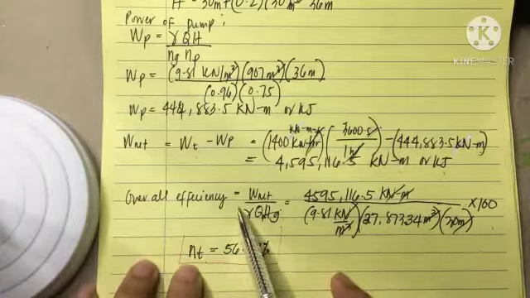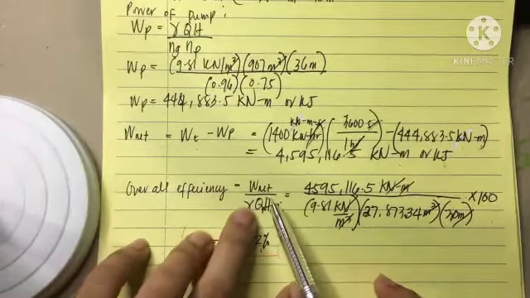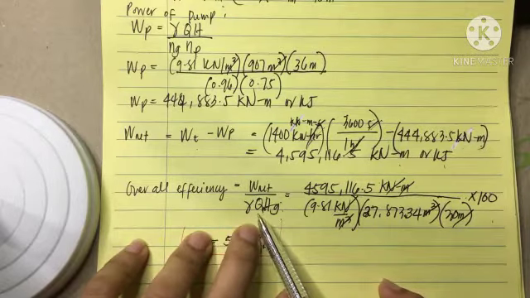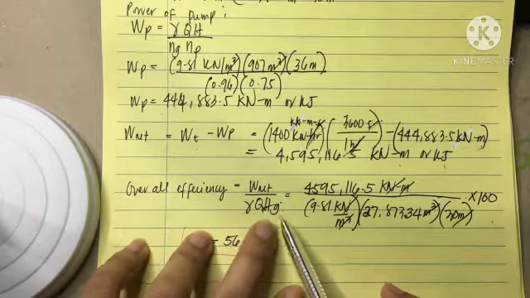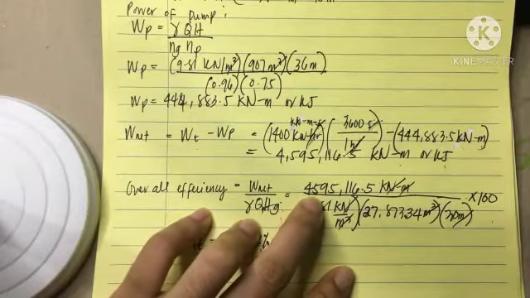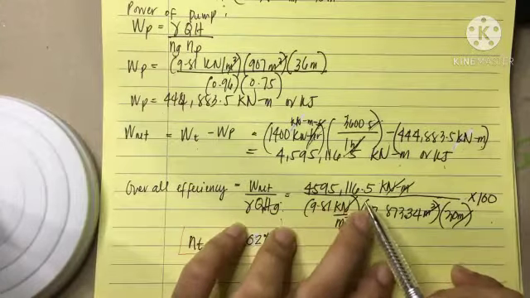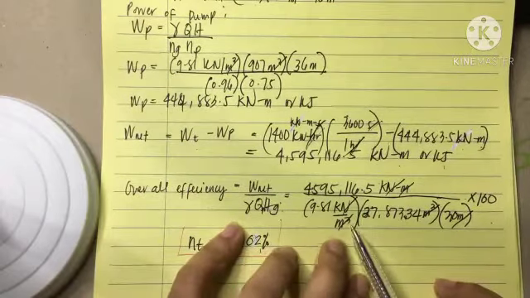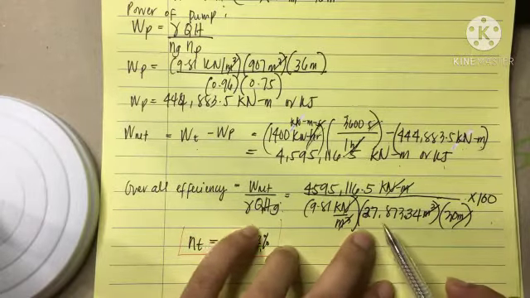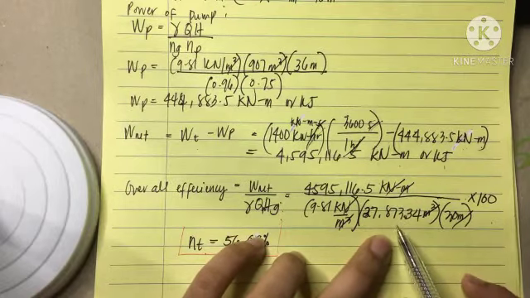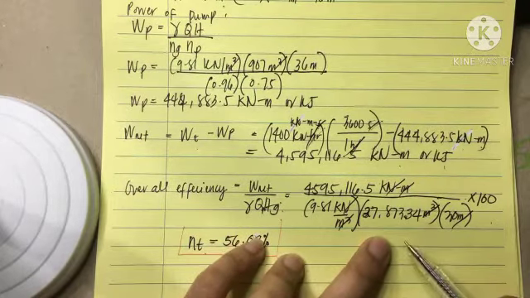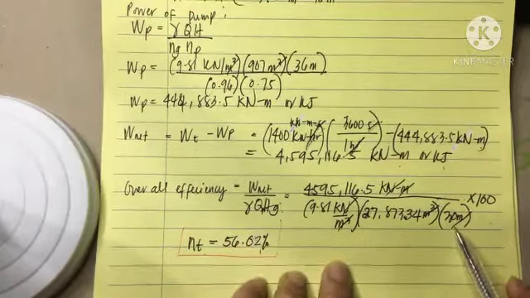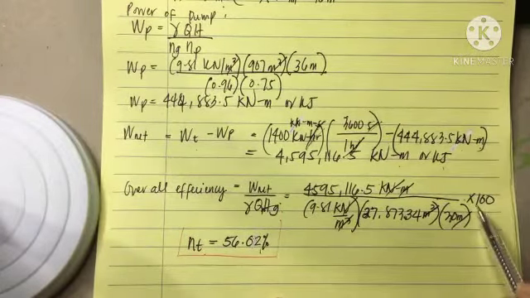So overall efficiency is equal to your net power over your specific weight times your volume flow rate times your gross head. So 4,595,116.5 kilonewton meter divided by your 9.81 kilonewton per meter cube times 27,873.34 meter cube, which is your volume, rather, times 30 meters, times 100.